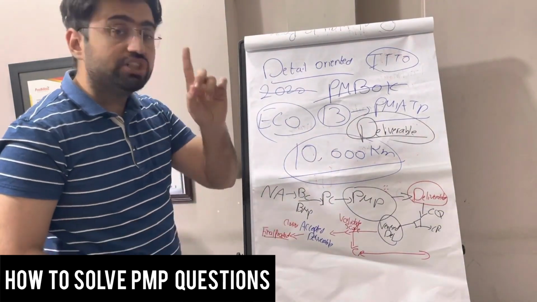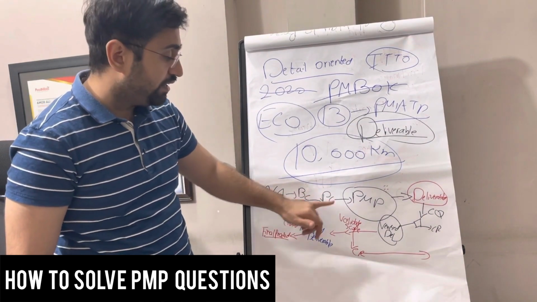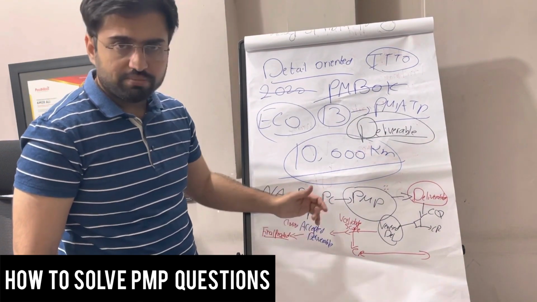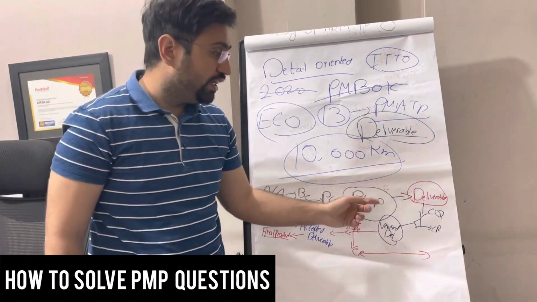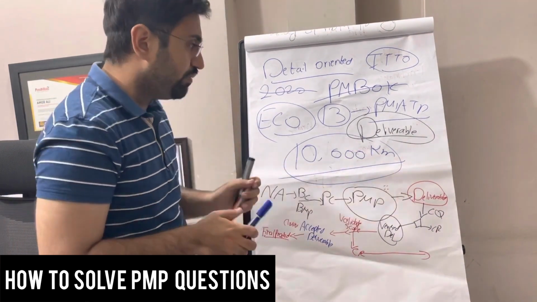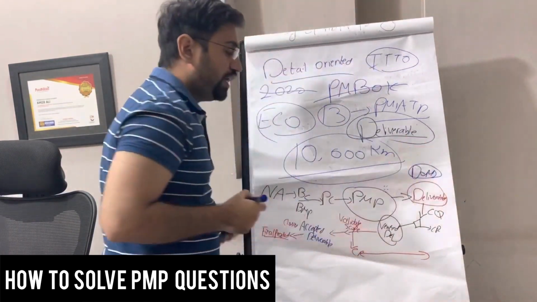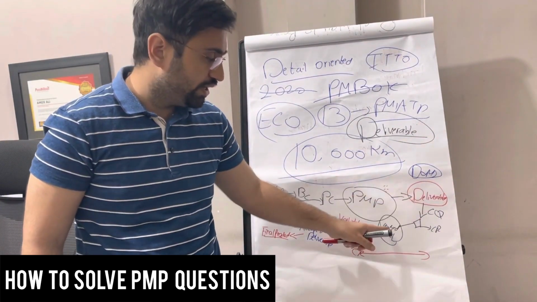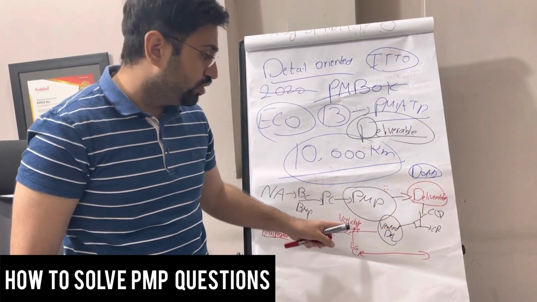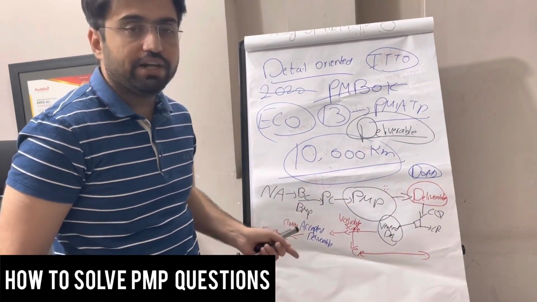So this is the journey of the deliverable, from needs assessment, business case, benefit management plan, agreed into project charter, you made a stakeholder register, project management plan, and then you do execution in direct and manage work, you produce the deliverable, then it goes to control quality, becomes a verified deliverable, then it goes to validate scope, becomes an accepted deliverable, and then you close the project and get the final product.